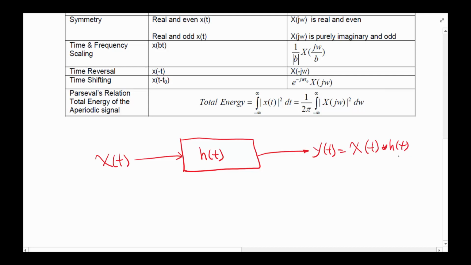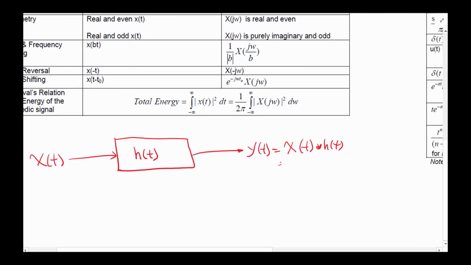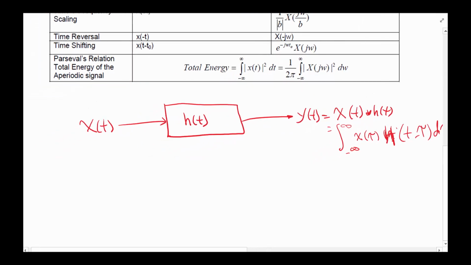And if you remember, that is a whole integral from minus infinity to infinity of x of tau, h of t minus tau, d tau, and you have to go through and figure that out. Now the beauty is that if I were to take this and find the Fourier transform of the impulse response, it's called the transfer function.